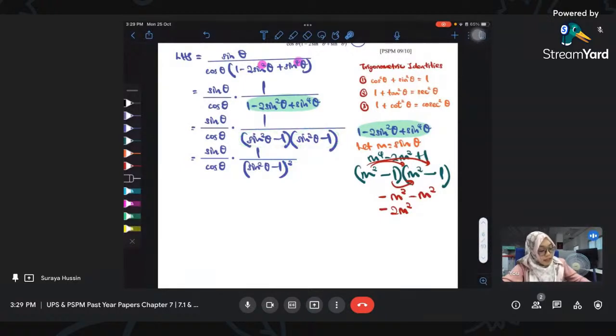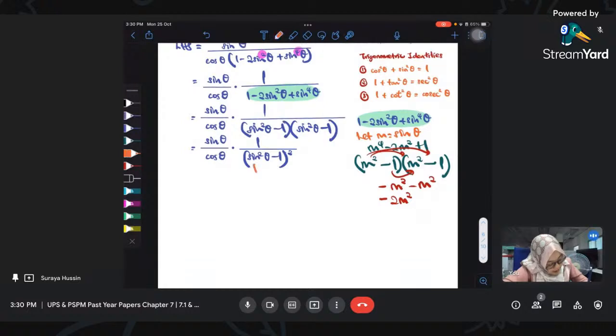Okay, yang ini boleh letak tepi, boleh tulis tepi sebab you don't have to write down here. Tak perlu tulis dalam solution, just write it besides here. Okay. So you know that this is trig identity.